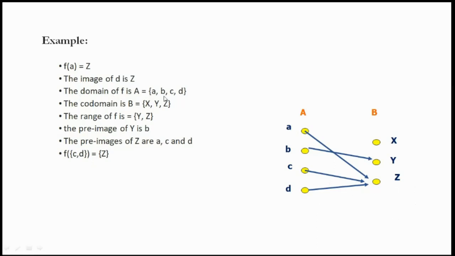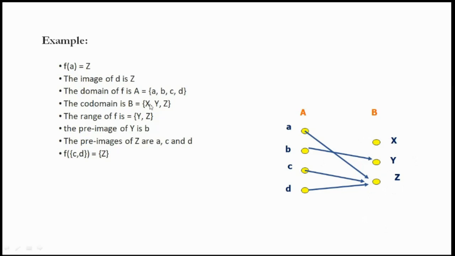The domain of f is a, b, c, d. This is the domain. The codomain is B, that means all possible outputs here: x, y, z. All possible inputs, that is domain elements, are mapped to y and z here. But in B, the possible outputs are x, y, and z, so we call it the codomain.